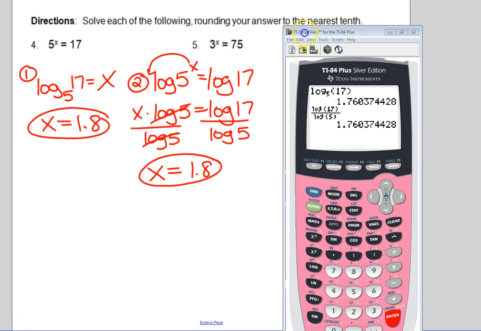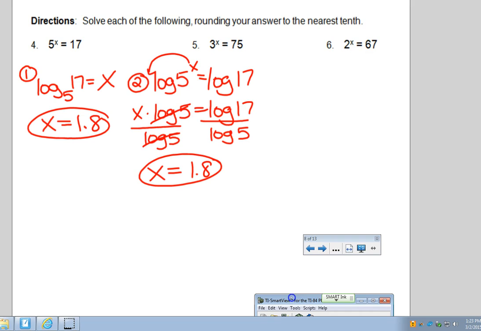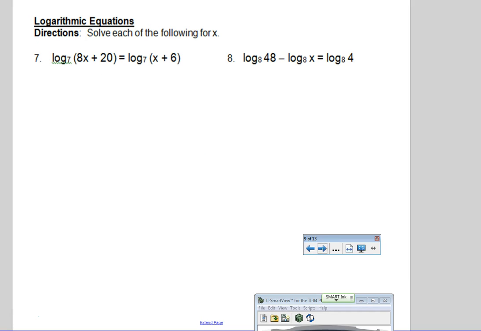All right, now we'll try a couple of the log equations. I'll do problem 8. On problem 8, I see that I have a log on every single term. So I know for these I'm going to drop the logs, but not yet. You can only do it after you condense both sides down to one log.